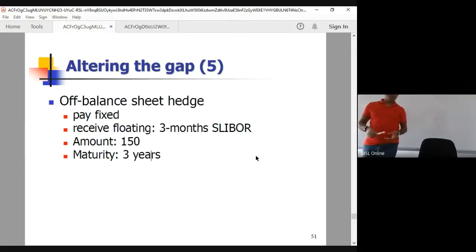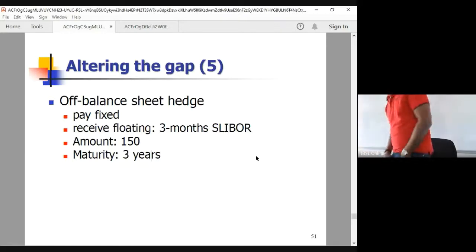It's a derivative where you change your interest payments from fixed to floating or floating to fixed. That way, you have your interest rate risk managed in the best way you feel fit.